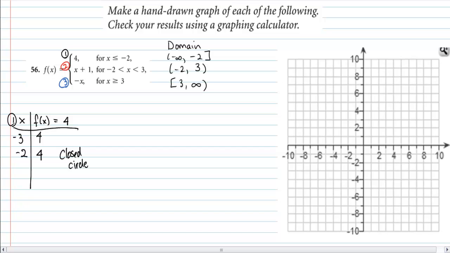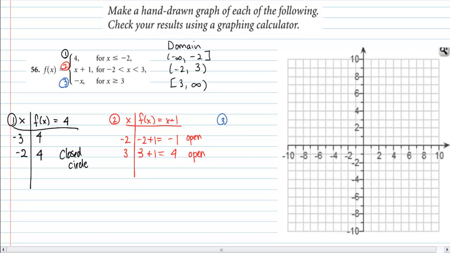For the next function that exists between negative 2 and positive 3, because it has a starting point and an ending point, those are the 2 points that we're going to use for the graph. We're going to start at negative 2, and we're going to end at positive 3. And since both of them are not including, they're both going to be open circles.